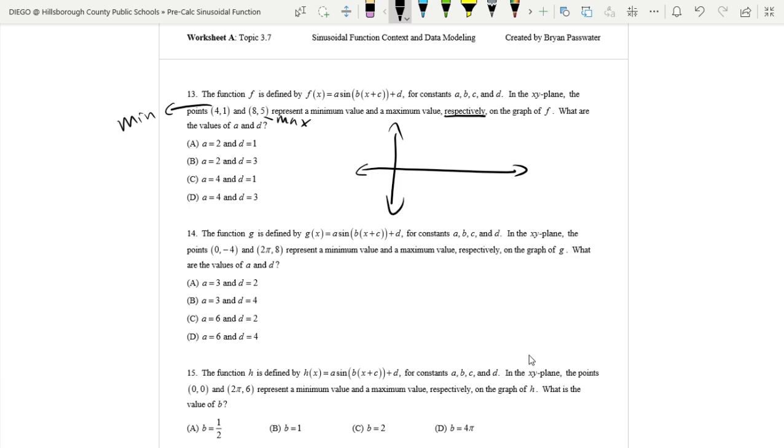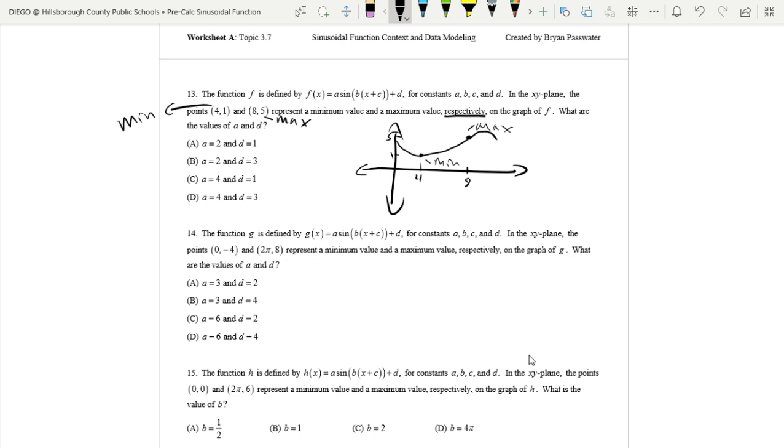So we have 4, 1, then we have 8, 5. This would be a graph that kind of goes like this. So this is our minimum, and this is our maximum.